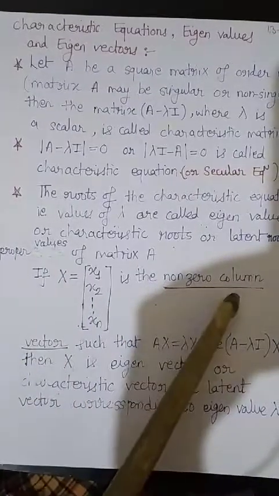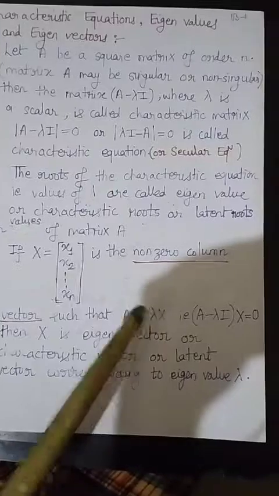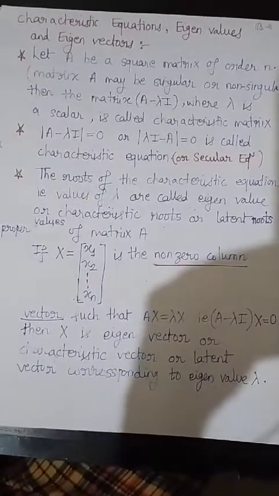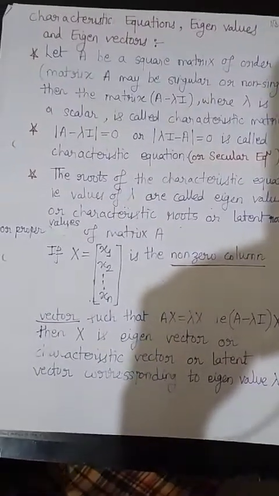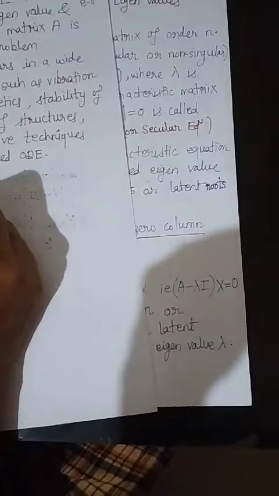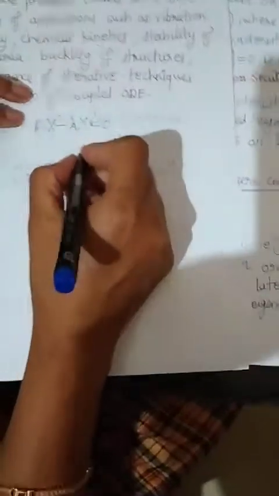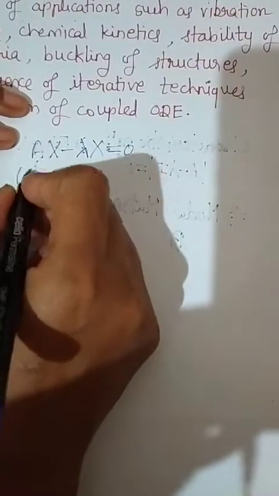If we have a non-zero column matrix X such that Ax is equal to lambda x, we can write it in another form: Ax minus lambda x is equal to 0. We take x common, so what is left?